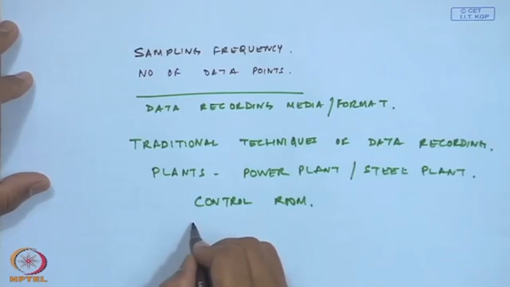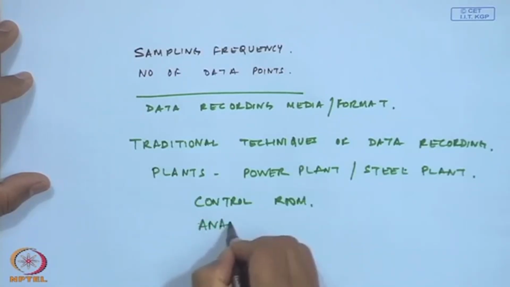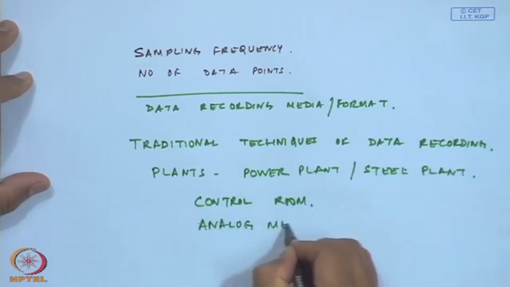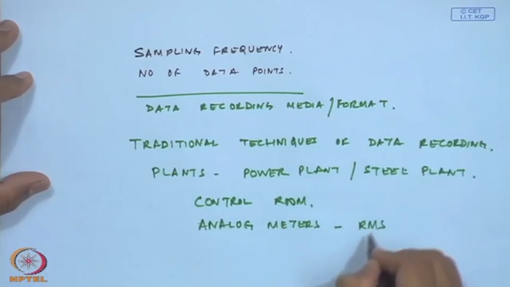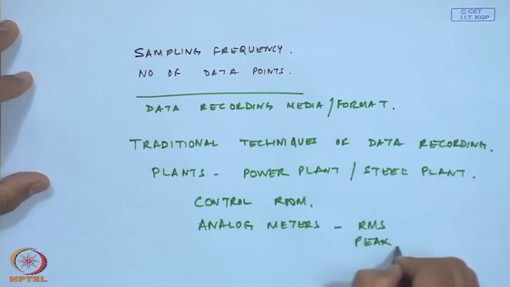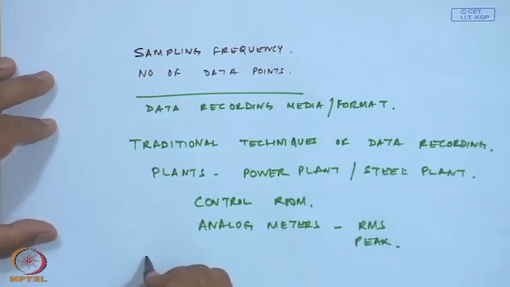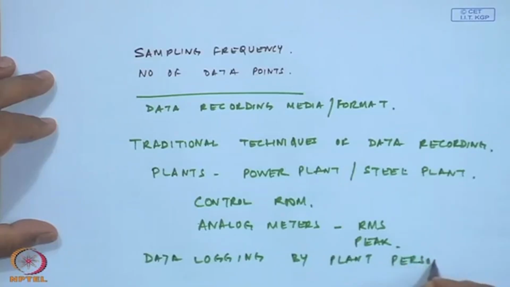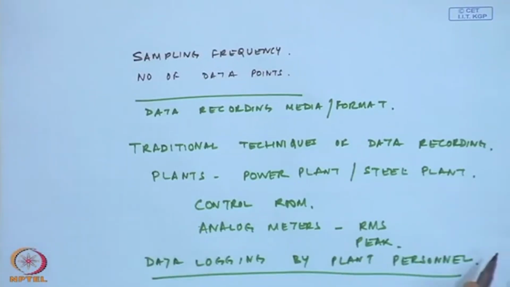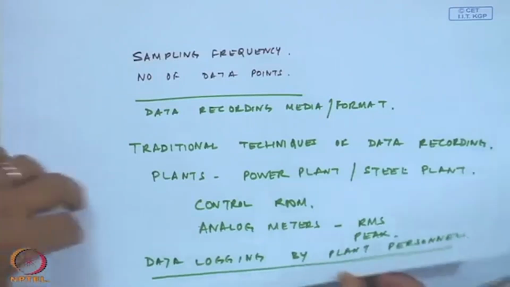All they had were a lot of analog meters, essentially RMS or peak meters, and data logging was done by plant personnel. This was the format of data recording maybe a couple of decades ago.